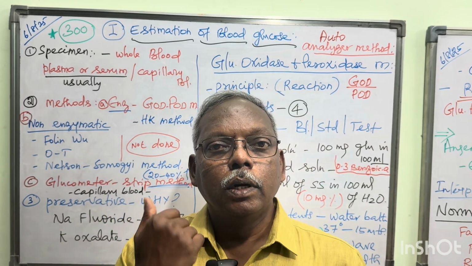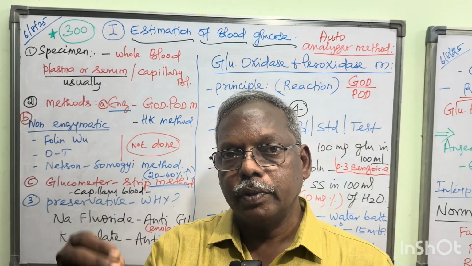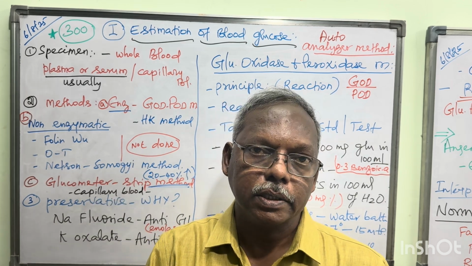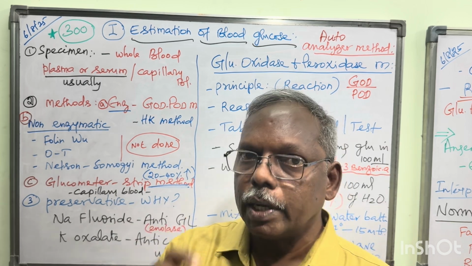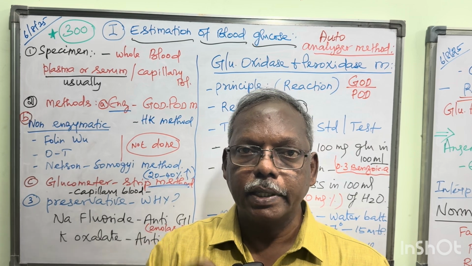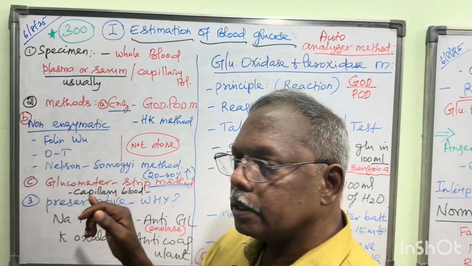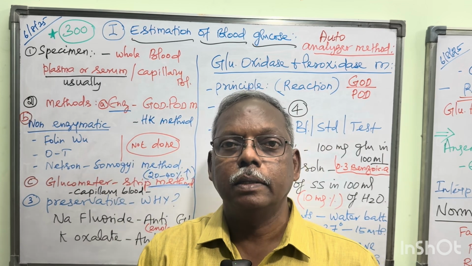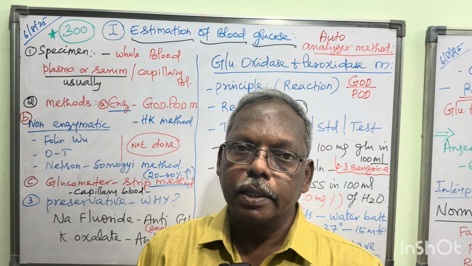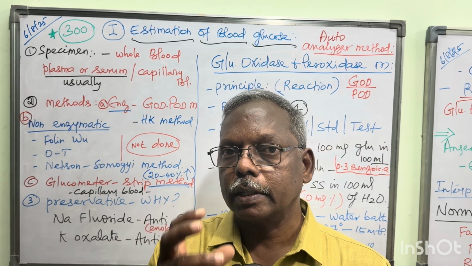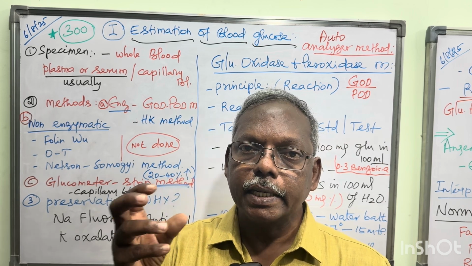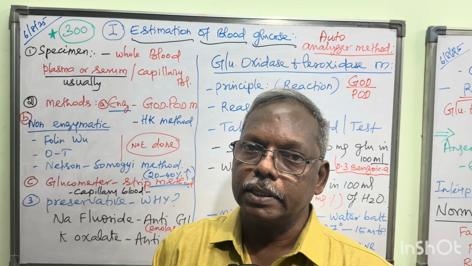Next, do you have any preservatives to add for the collection of blood? The patient comes to give blood for glucose estimation, so you have to take the vacutainer, syringe or containers for the blood collection. Nowadays the containers come with anticoagulant or anti-glycolytic materials already built in, so you have to pick up the correct vacutainer for sample collection.